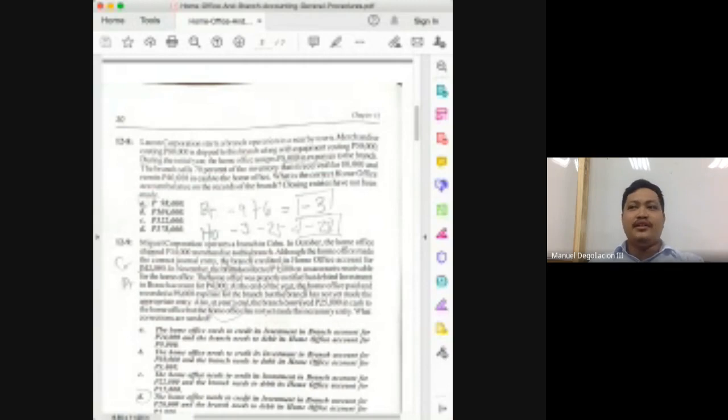They do not understand which 80,000 it is to be multiplied. How many 80,000s do you see in this problem, class? Two. The first one being the value of the merchandise given to the branch. And the second 80,000 is the amount of our sales revenue. Okay? And which of the two 80,000s do you think are we multiplying the 70%? The amount of the merchandise given.